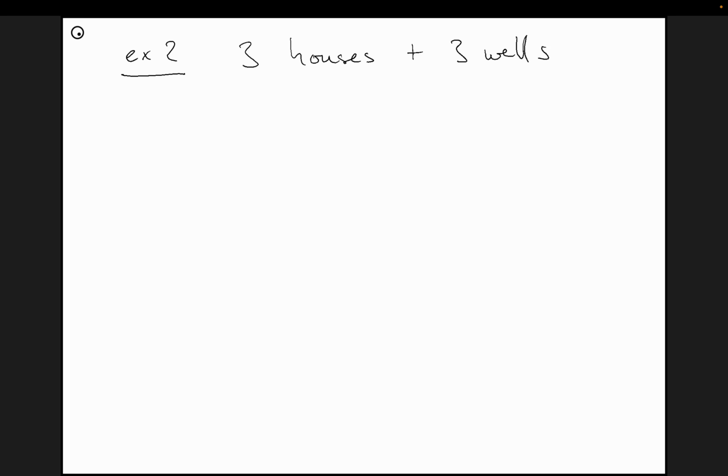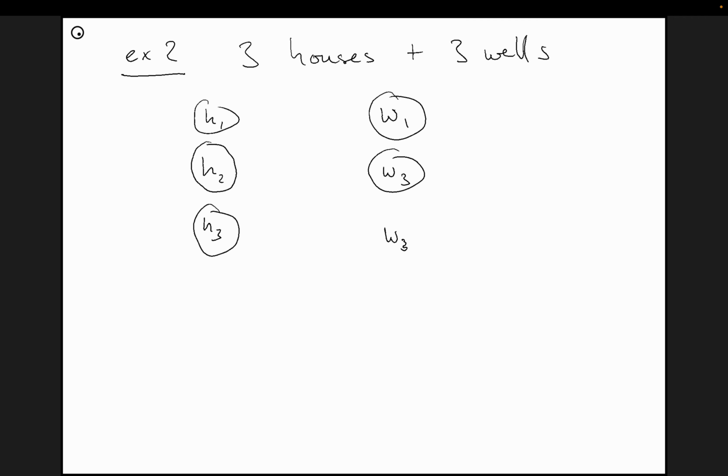We have three bad neighbors and they have three wells for common use. And now the question is, let me just draw the three bad neighbors like so. House 1, house 2, house 3, and those are a little big vertices. And we have three wells for common use.